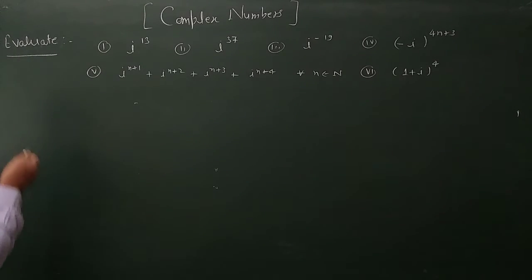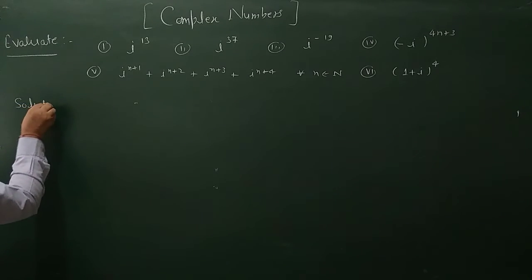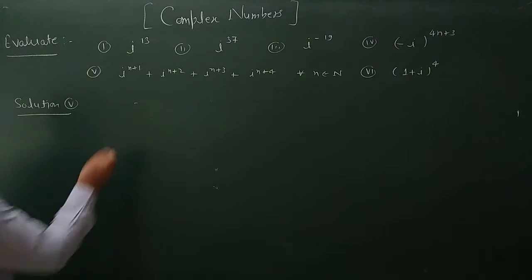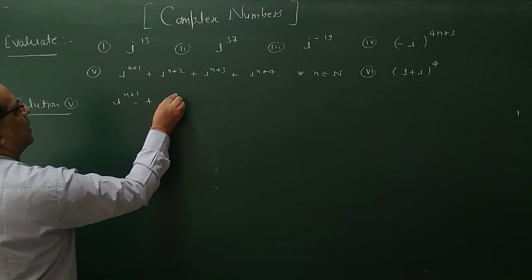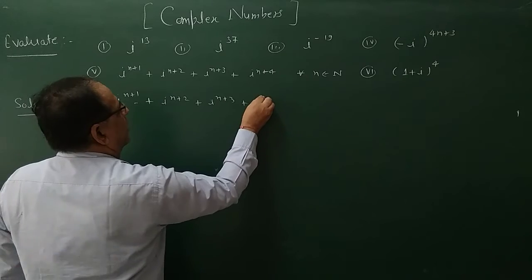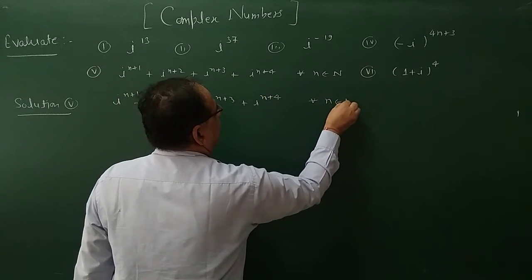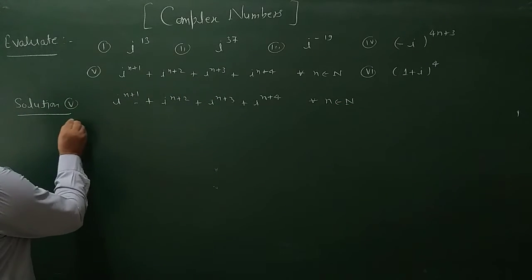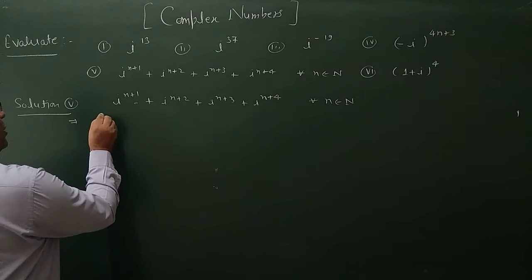Now fifth part is there: iota to the power n plus 1, iota to the power n plus 2, iota to the power n plus 3, iota to the power n plus 4, for every n belonging to the natural numbers. So we take common first iota to the power n.